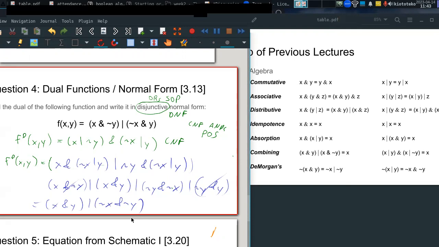And you can see that the set of combinations they represent is the complement of the other. Here it's 1, 1 and 0, 0, whereas here it's 1, 0 and 0, 1. So it's a different combination, no? But that's the way you transform from CNF to DNF, from product of sums to sum of products.